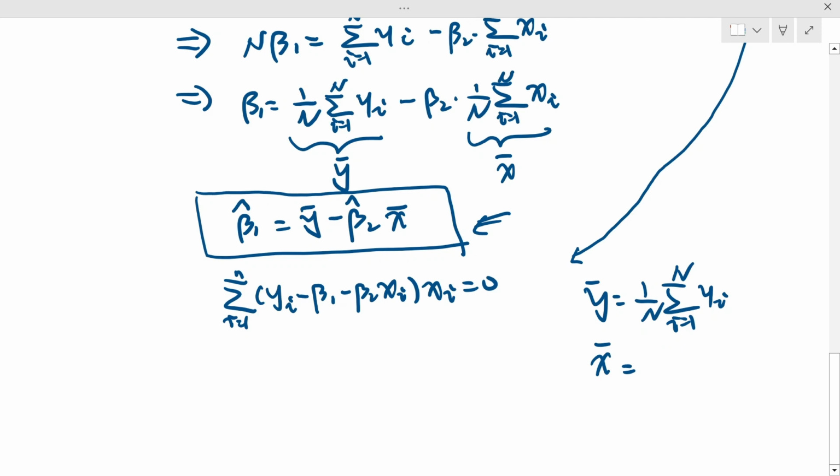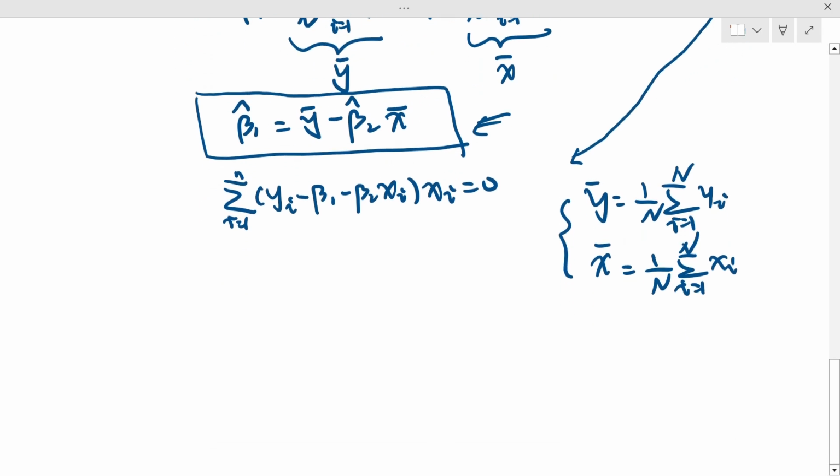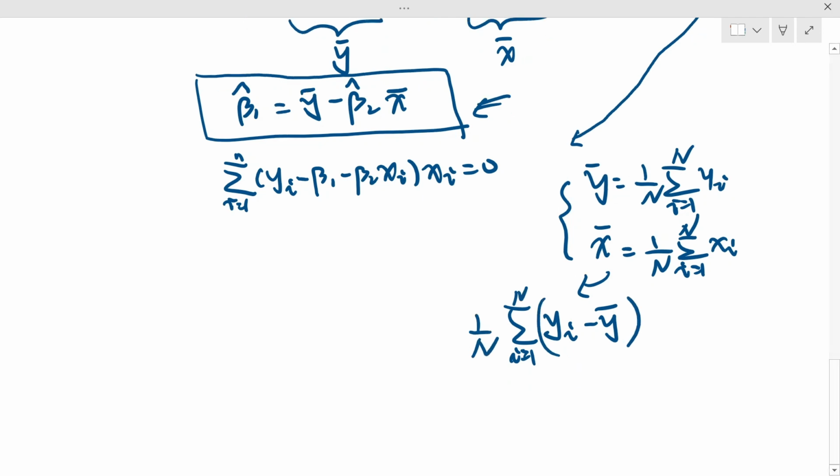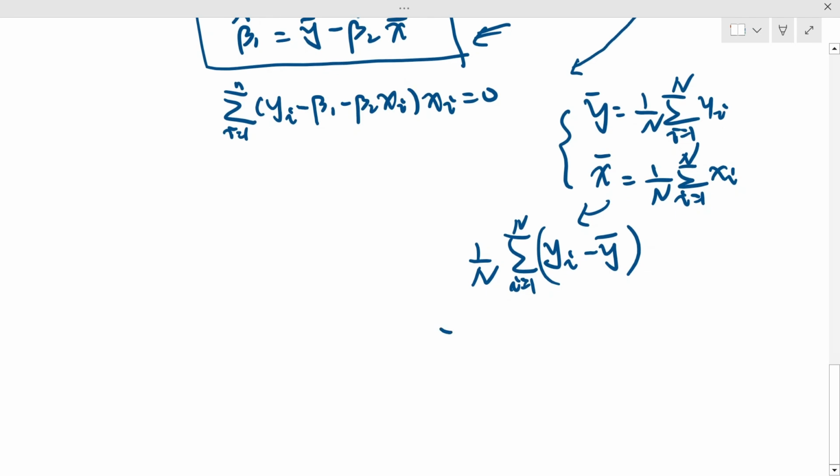Similarly, x bar is the sum of xi divided by n. We also want to note that we can take yi minus y bar, the deviation of the i-th observation from its mean. If we take the sum of this deviation, we'll get 0.